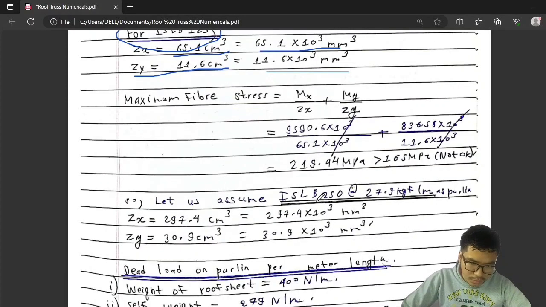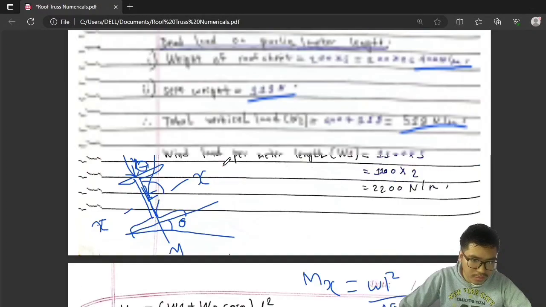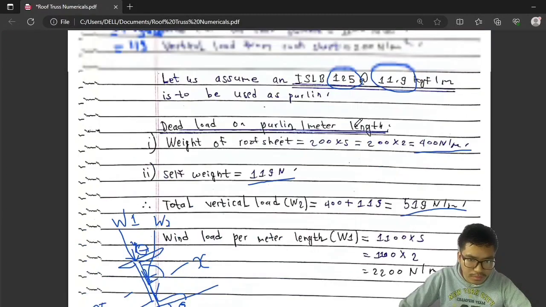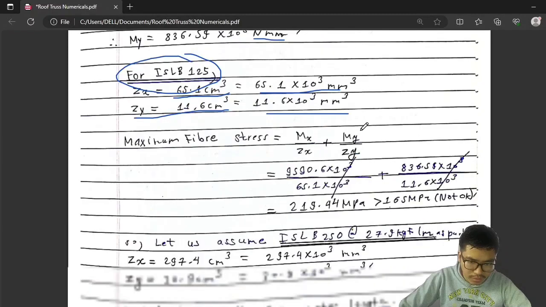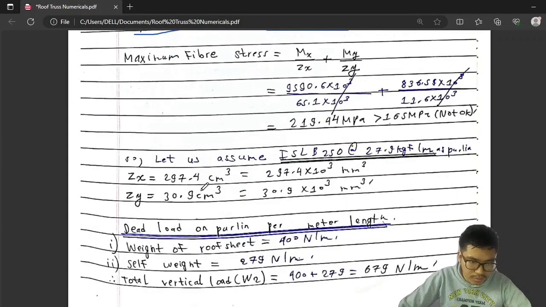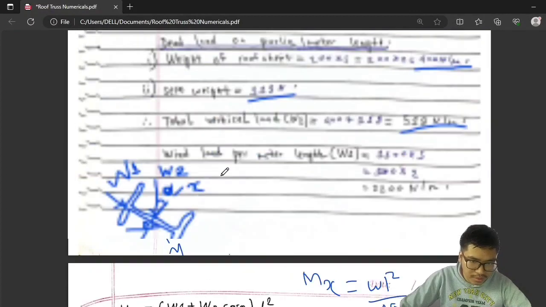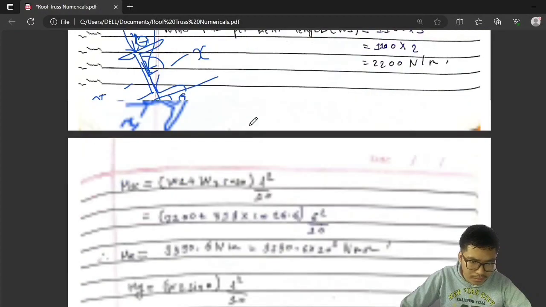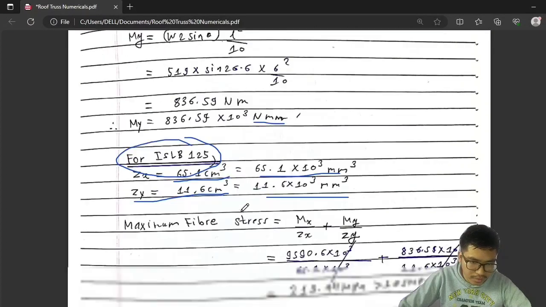So let us assume ISLV 250, because the depth of 250 is more than 125, so the Z value will also be more. So Zx is 297.4 and Zy is 30.9, which is greater than this 65 and 11.6.